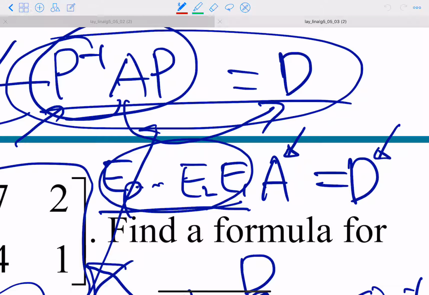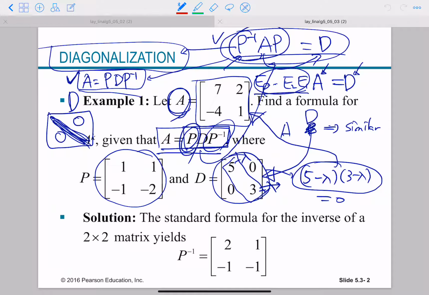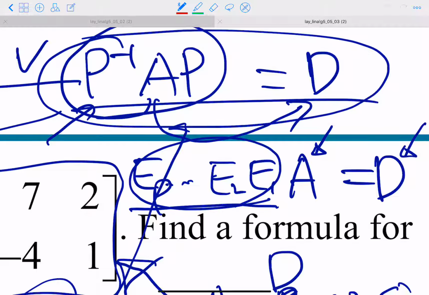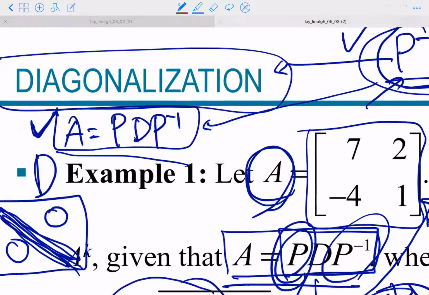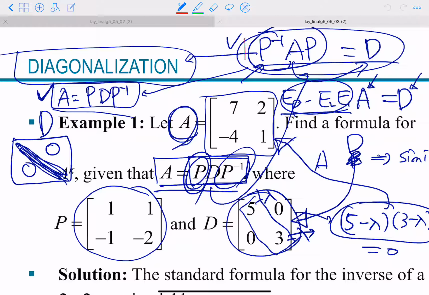In order to perform this diagonalization, we need this invertible P. Also, if such a diagonalization equation exists, we can multiply P on one side and P inverse on the other, and then we obtain A equals PDP inverse, and we call it eigen decomposition, which is a particular form of matrix factorization of a square matrix A into these three pieces.